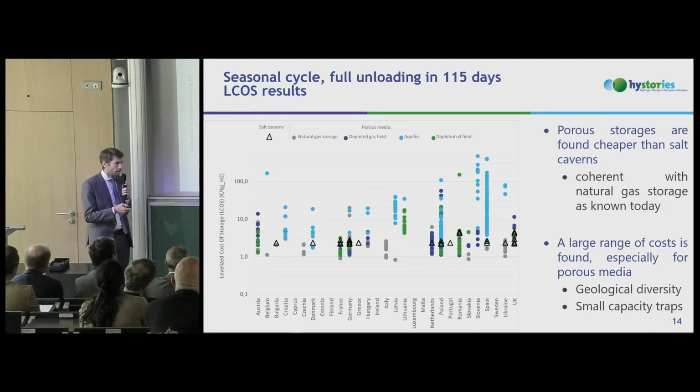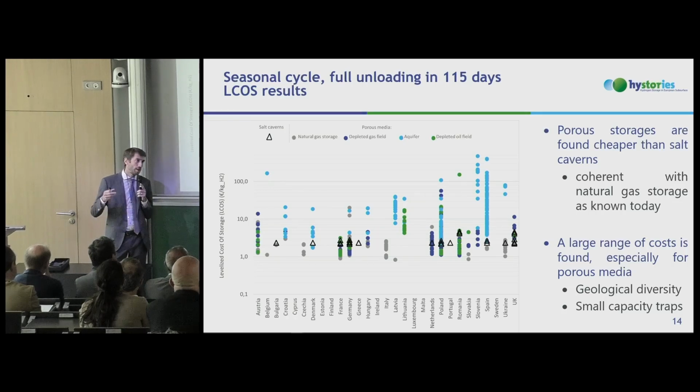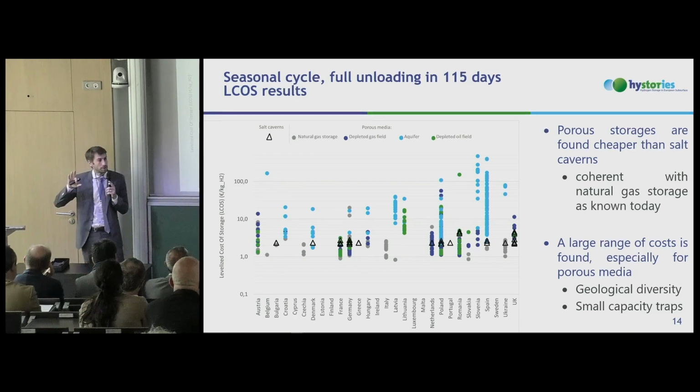We also did that for salt caverns, because on the right part of Hystories, if you remember, salt caverns are also included, because we cannot draw estimations of our outlooks on the deployment of underground hydrogen storage without considering them.